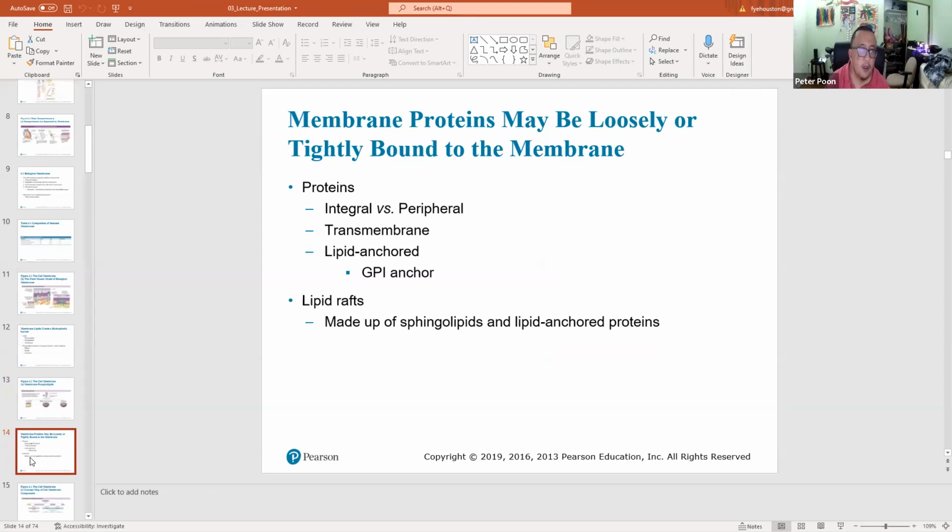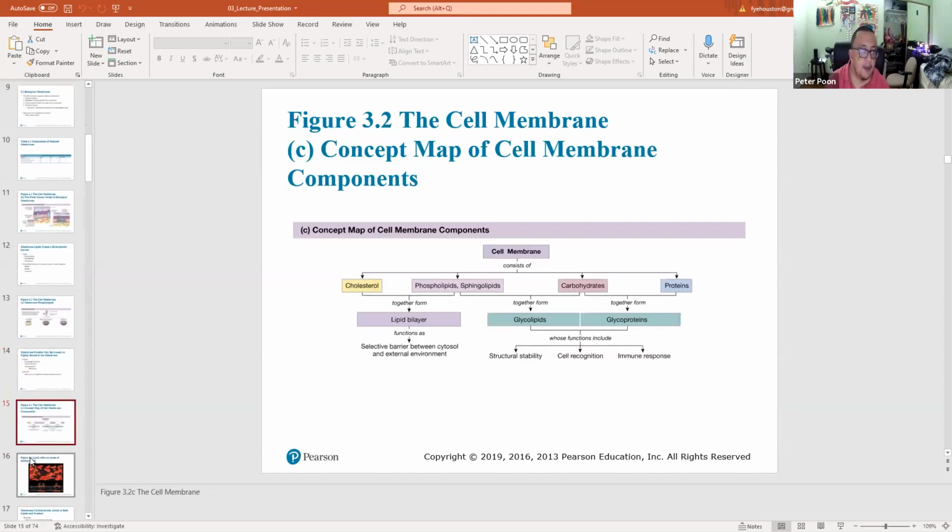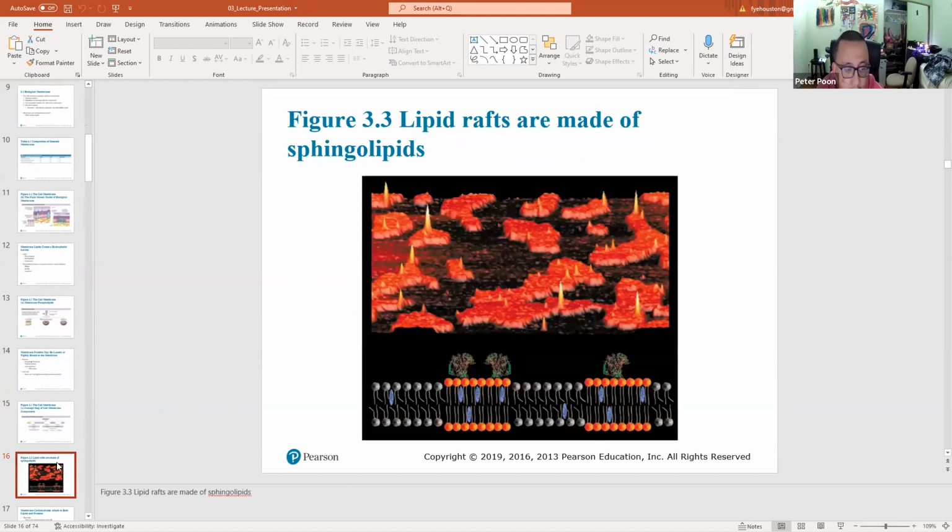So lipid rafts. Make sure you kind of understand all this stuff. It's a concept map. Don't worry about lipid rafts. They won't be on the test, but these are lipid rafts.